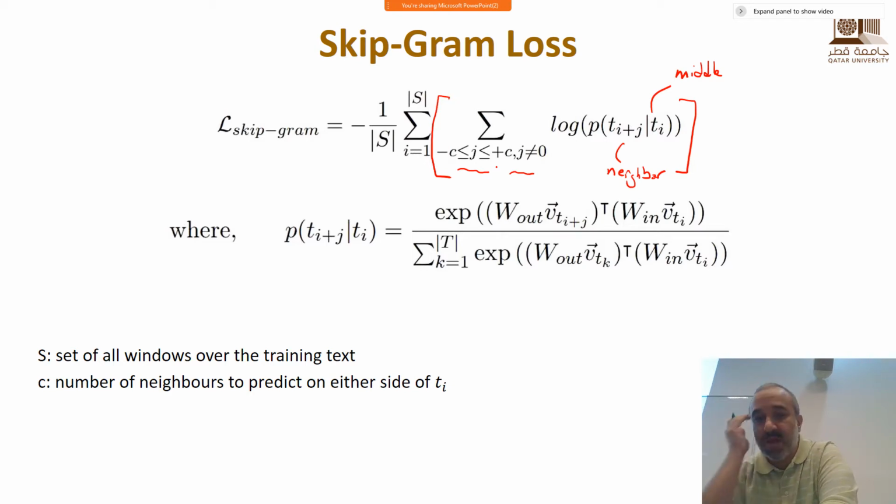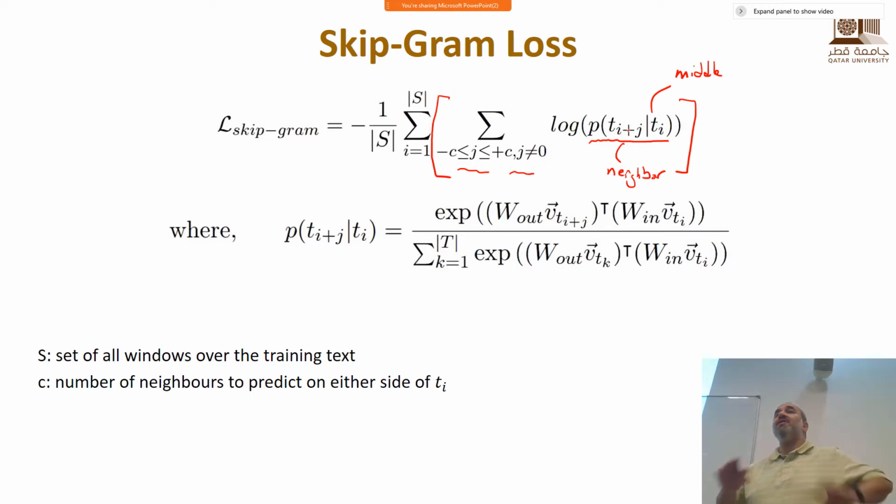Now, for each neighboring term, what I will get from the network is this probability, the probability that I will get Ti plus j, which is the actual word that I want to predict given the input.